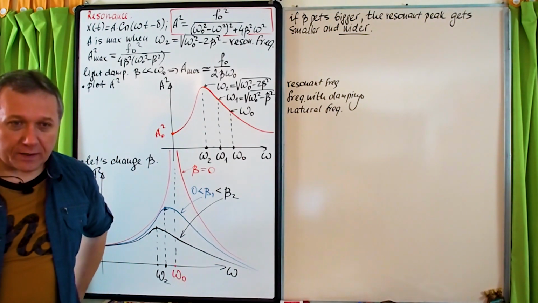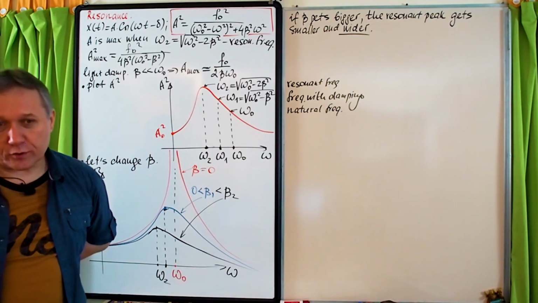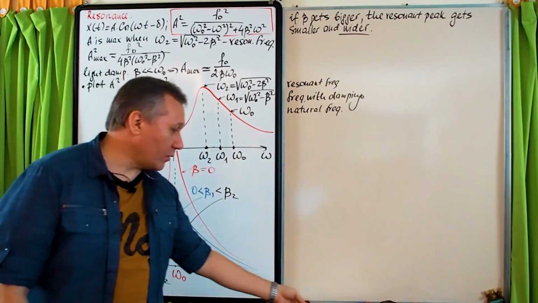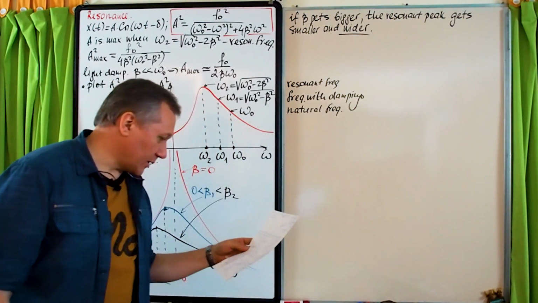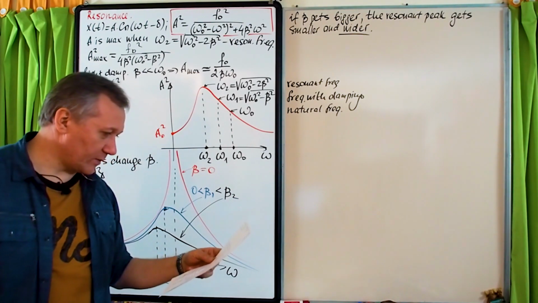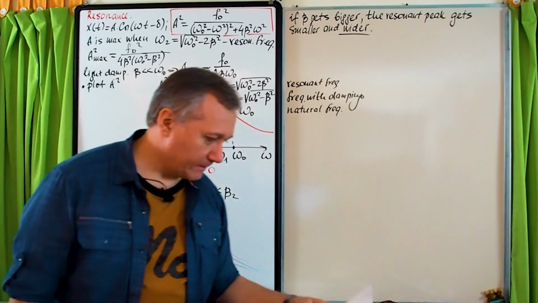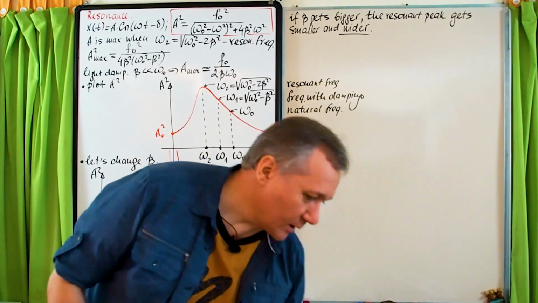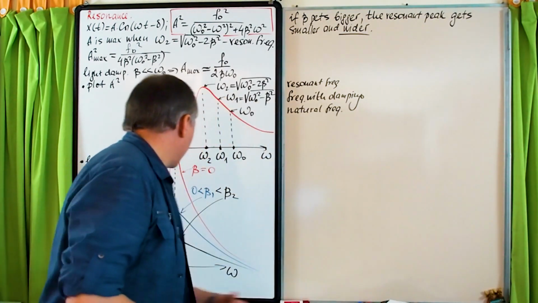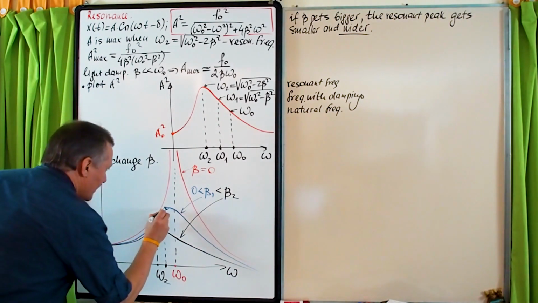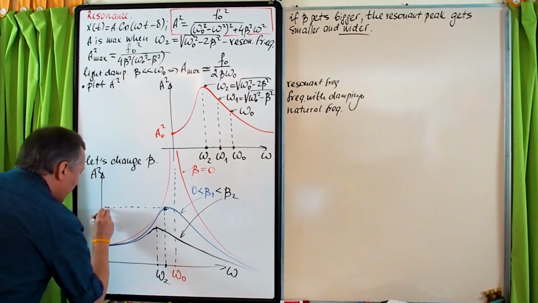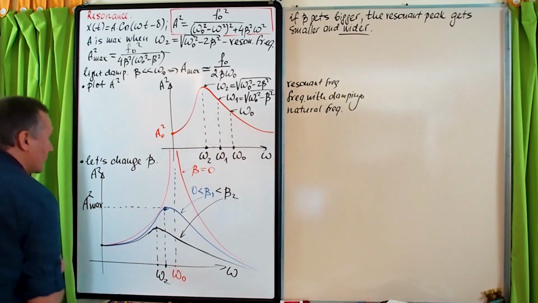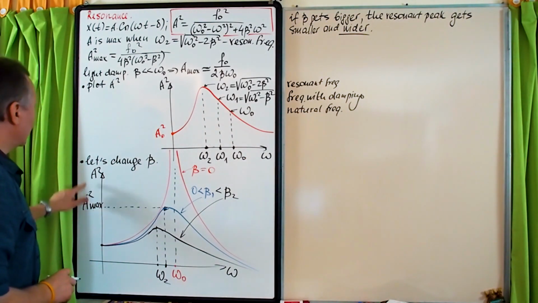Let's introduce a tool which can be used to measure the width of the curve. Let me check if I mentioned everything about this. Maybe I just want to also emphasize, this is basically A squared maximum, which we calculated.